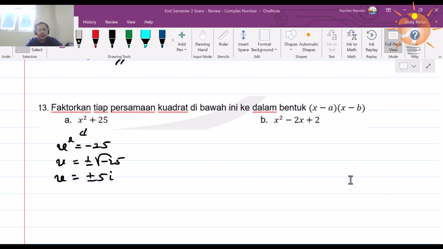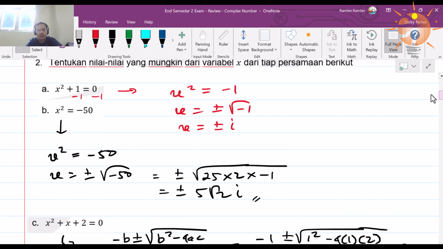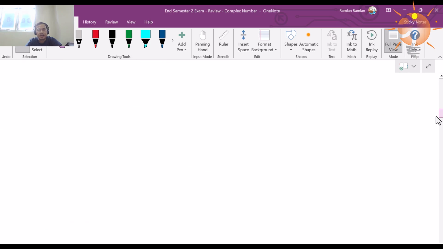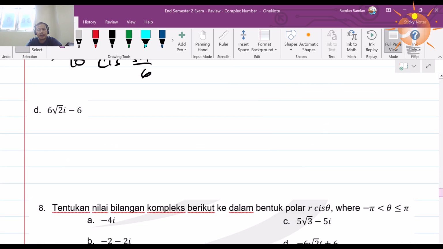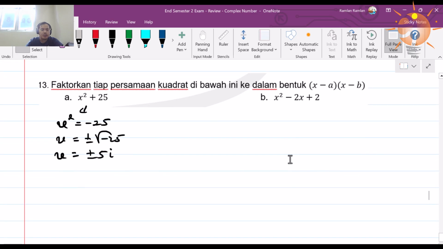Okay, so for number 13, factorize these quadratics in the form of x minus a, x minus b. This is the same thing as what we did for finding the x value, in number 2. But the only difference is we need to write it in this form, x minus a and x minus b. So for example, this one can be solved like this. The x value is plus or minus 5i.